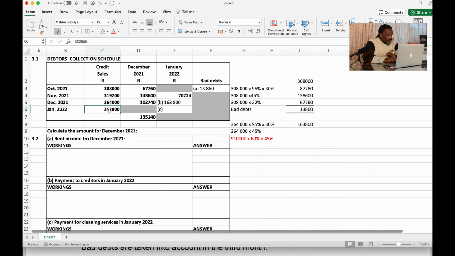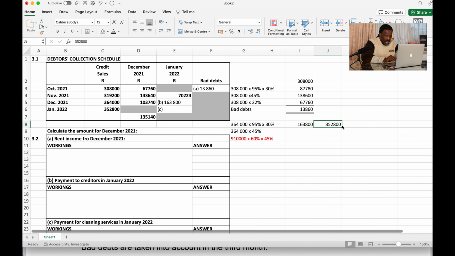So even C, let's look at C, January, 352,800. I'm going to write it here. What happens about 352,800 is it must not be on that rate, because I was showing that rate because of errors done by the examiners, human errors.